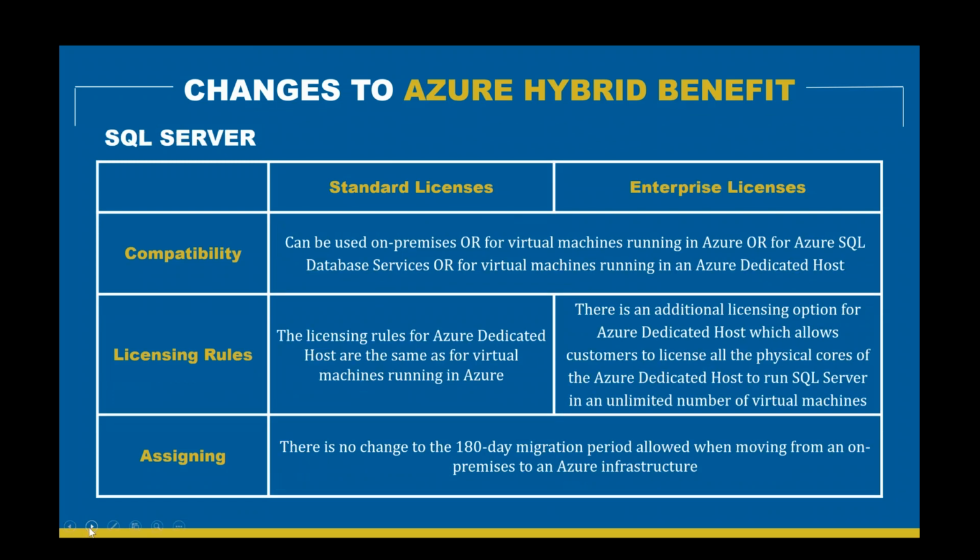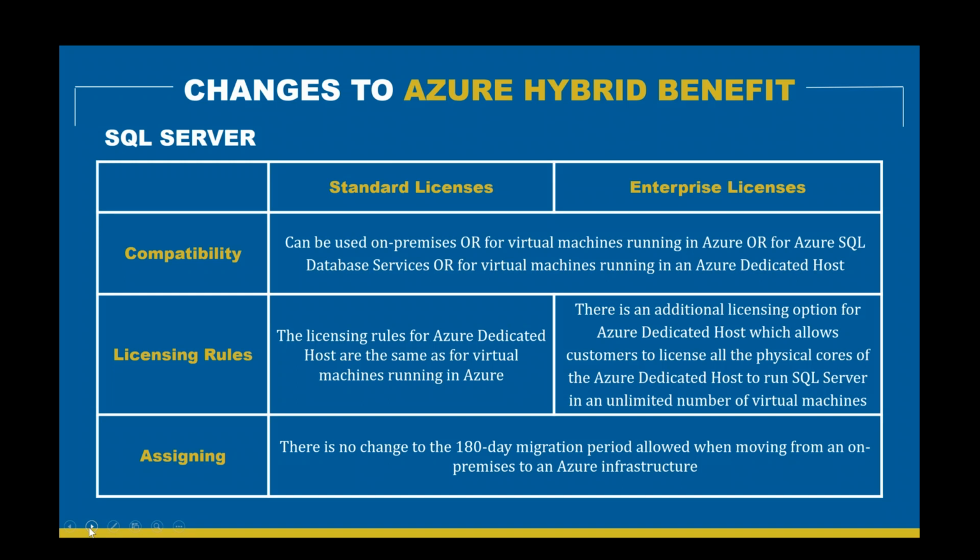Now for SQL Server, it's pretty much the same for standard and enterprise licenses for the compatibility, where you could use that for on-premises or for virtual machines running in Azure, or for the Azure SQL database services, or for virtual machines running in the Azure dedicated host. For standard, the licensing rules for the Azure dedicated host are the same as for running virtual machines in Azure.